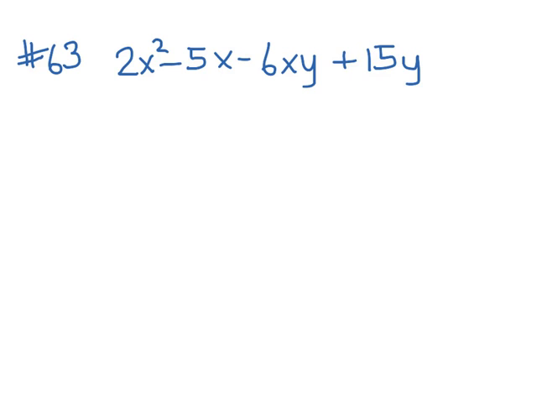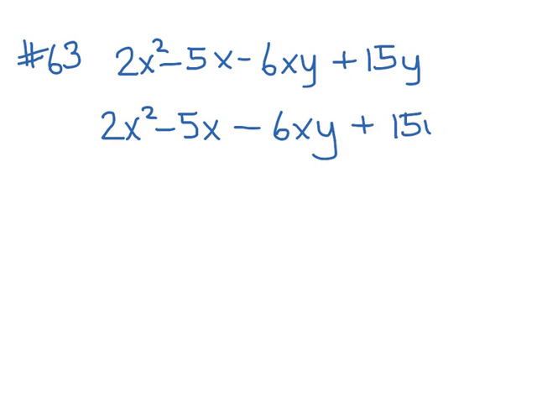We've got 4 terms, so we should think grouping. Right, so I'm going to go ahead and group my first 2 and my second 2 together. So I have a 2x squared minus 5x minus 6xy plus 15y.